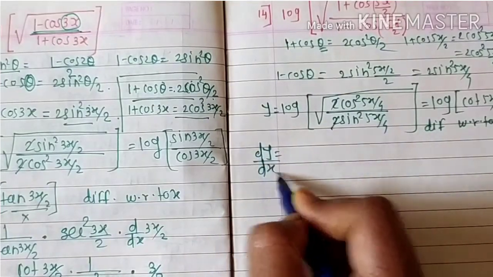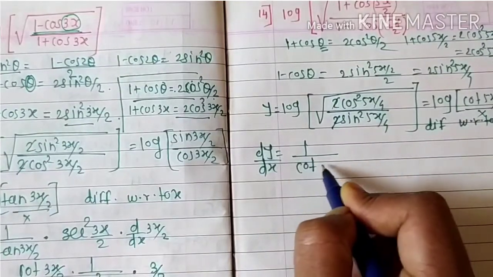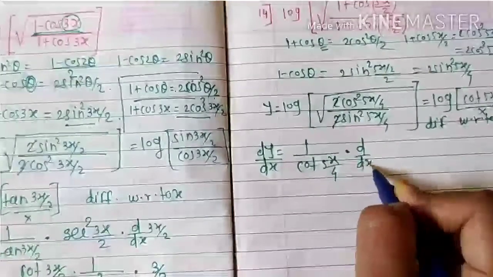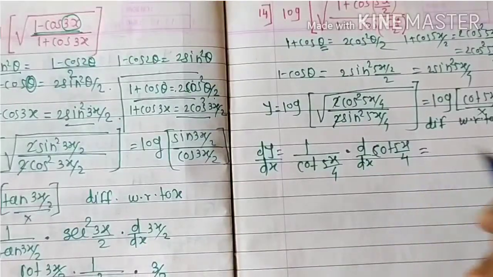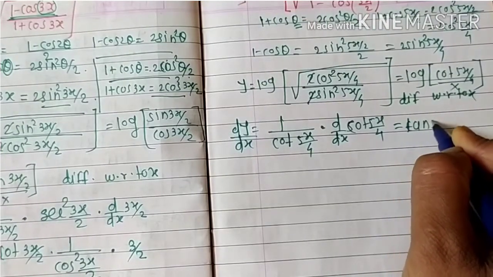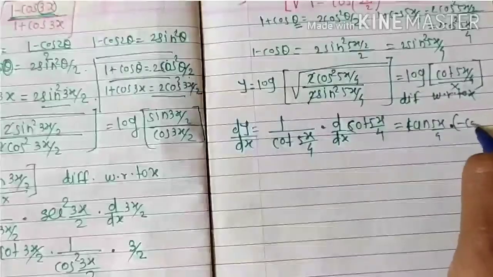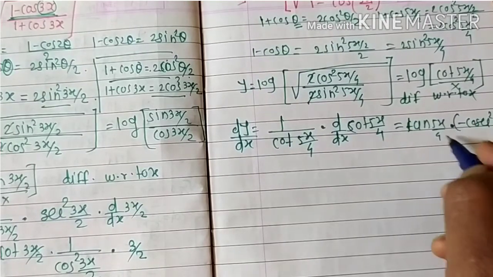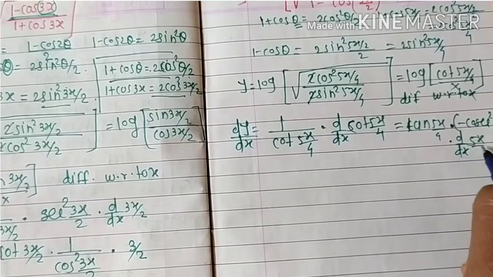Okay, therefore y is equal to log of cot of 5x by 4. Differentiate with respect to x. After differentiating, dy by dx: the derivative of log x means 1 upon cot of 5x by 4, into the derivative of the cot term, that is cot of 5x by 4. 1 upon cot means tan of 5x by 4, into the derivative of cot, which is minus cosec square of 5x by 4, because the derivative of cot x is minus cosec square x, into the derivative of the inside term 5x by 4.